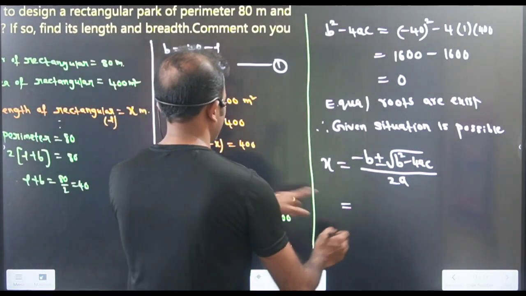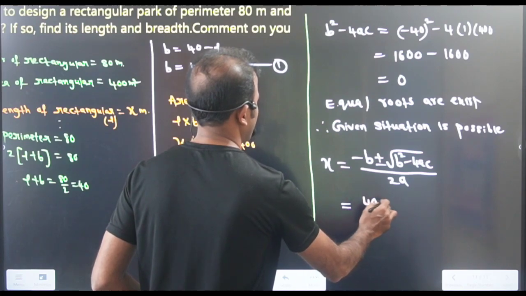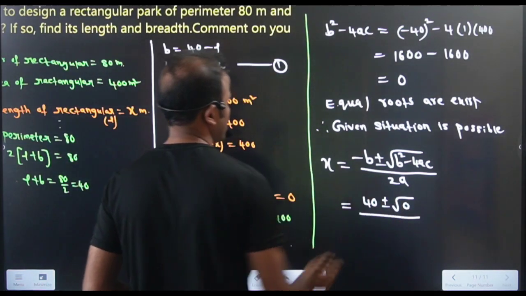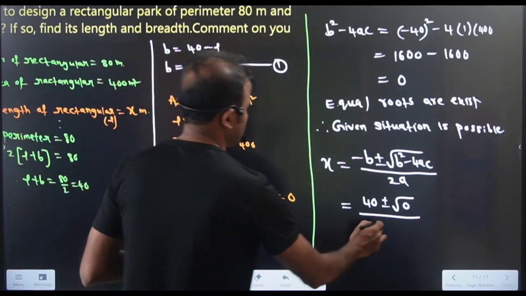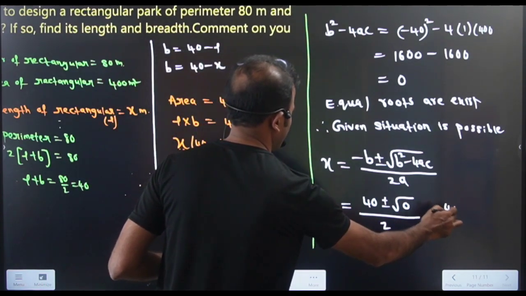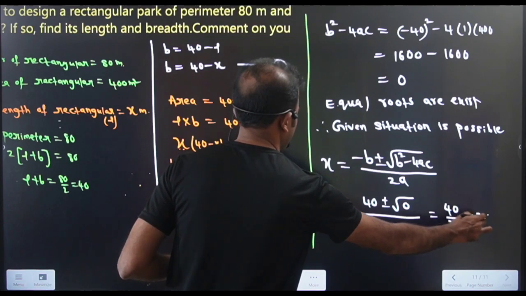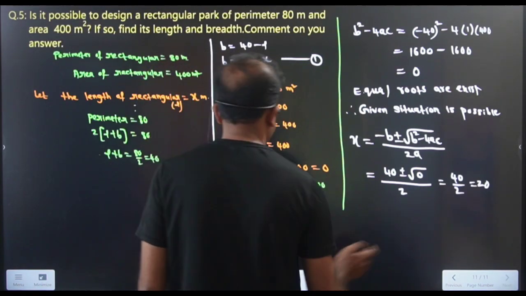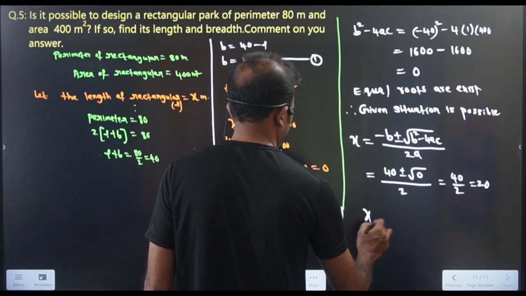Minus of minus 40 is plus 40, plus or minus root b square minus 4ac, we got here 0. So 2 into a, that is 2, which is equal to 40 by 2, which is equal to 20. So x value we got as 20.